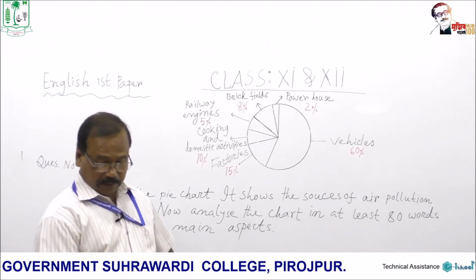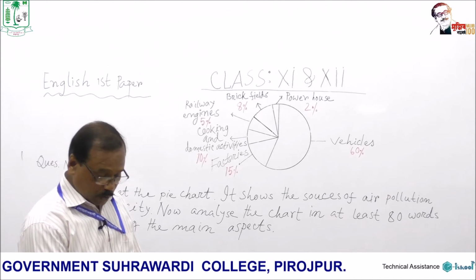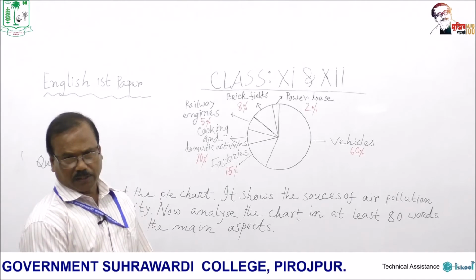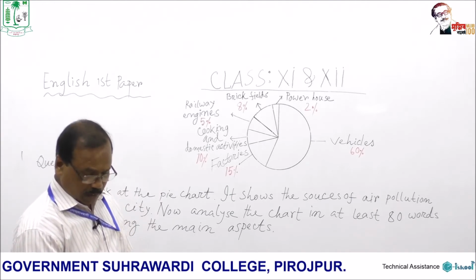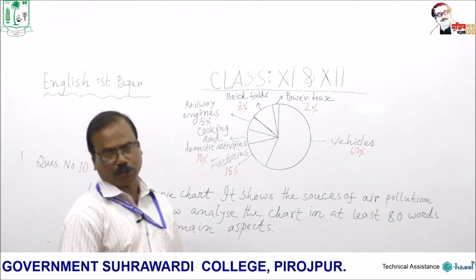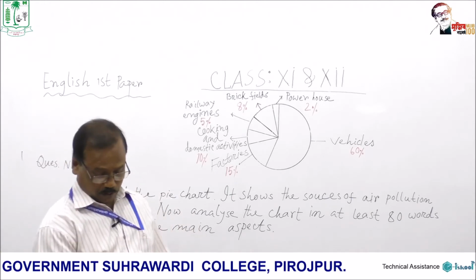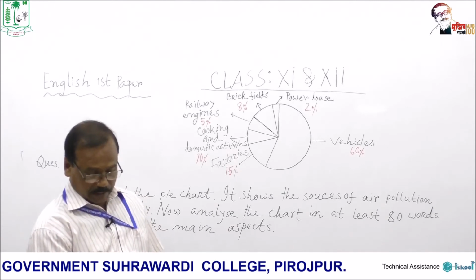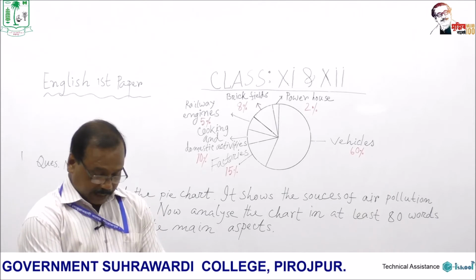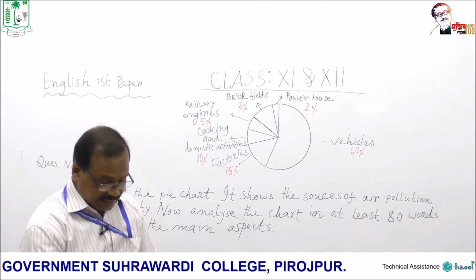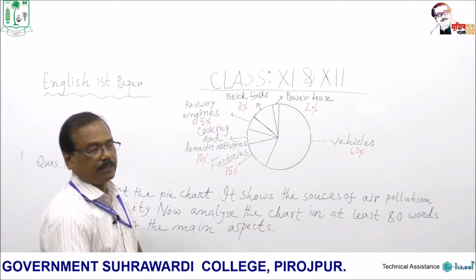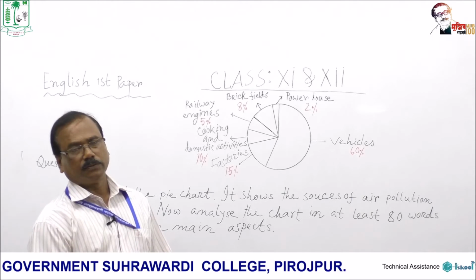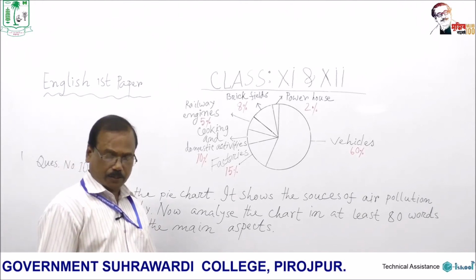On the other hand, the lowest, or the lowest source of air pollution, but you need not write all the words here. You can write only: the lowest is powerhouse, and it is 2% only, or amounting to, or which amounts to 2% only.